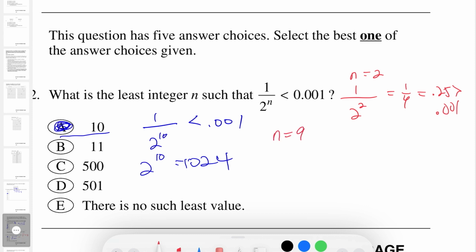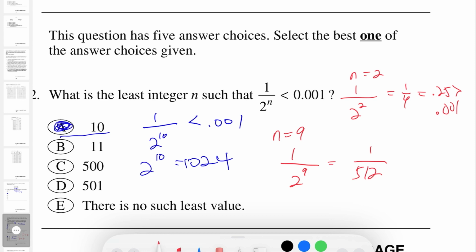Okay, n equals 9. So n equals 9 is the integer right below 10. If we say that 10 is the least, 9 would be the next one to check to make sure that this is true. So 1 over 2 to the 9th: 2 to the 9th is 1024 divided by 2, meaning 512. So 1 over 512.